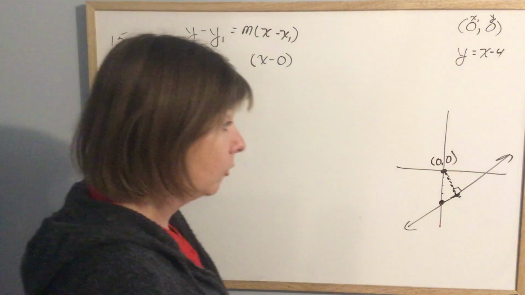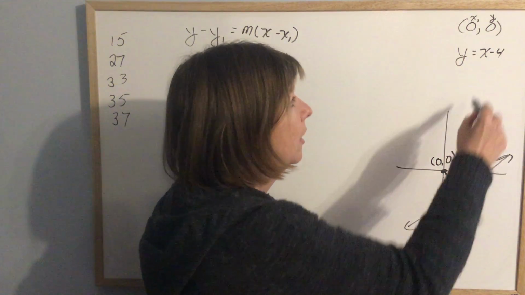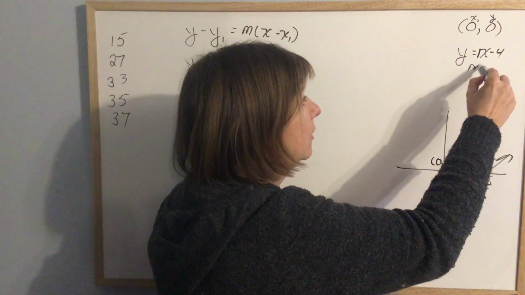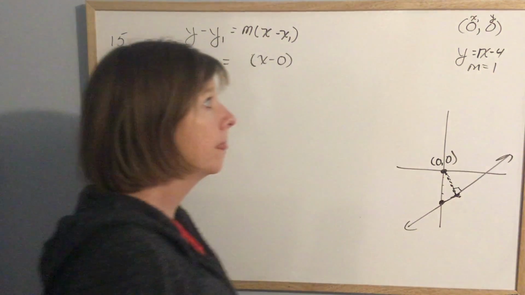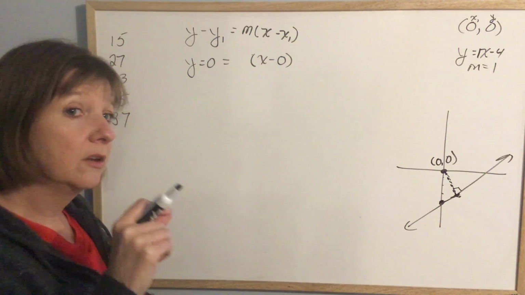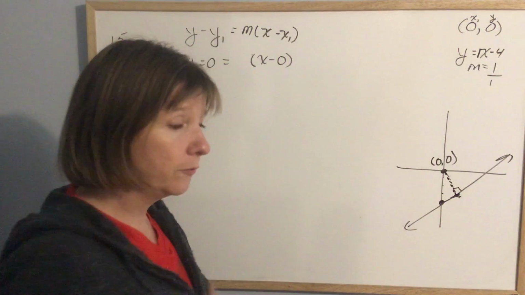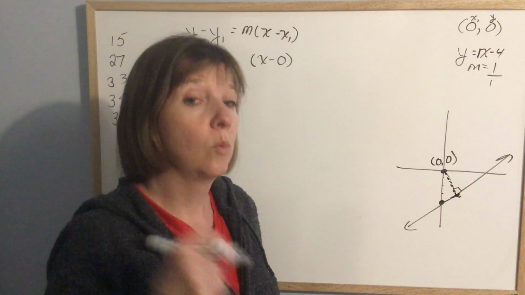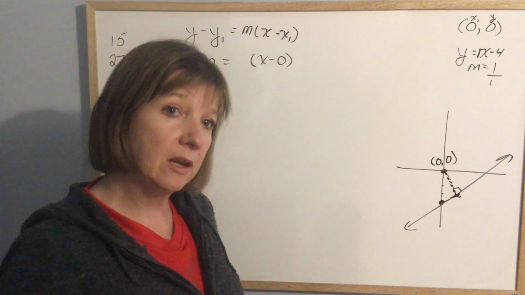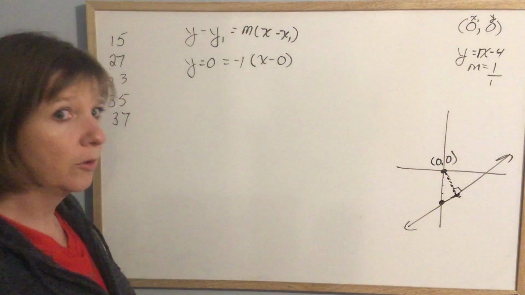Now what is the slope? The slope is perpendicular to this slope. This slope is 1. Perpendicular slopes are negative reciprocals. If this is 1 over 1, if I flip it over, it's still 1 over 1, but it also has to be the opposite sign. So that's going to be negative 1.